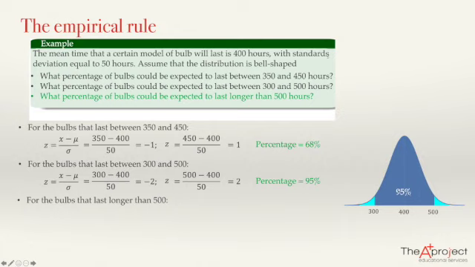If this is 95%, the amount of data that falls outside of this region, below 300 and above 500, will be 5%. Because the question is what percentage of balls could be expected to last longer than 500 hours, it will be just half of the 5%. So the answer will be just 2.5%. And that answers question 3.